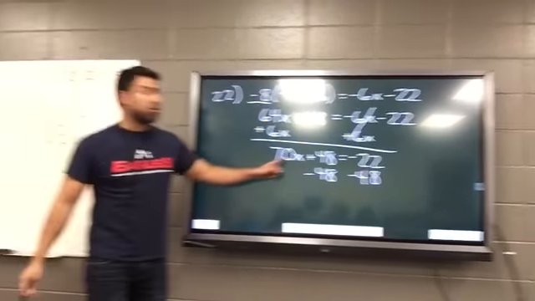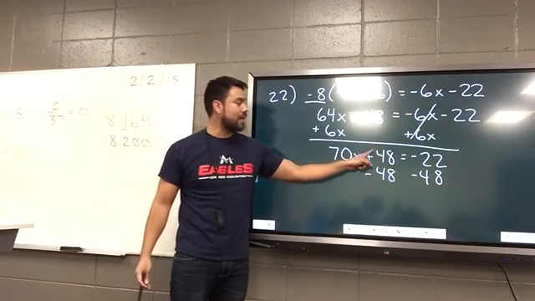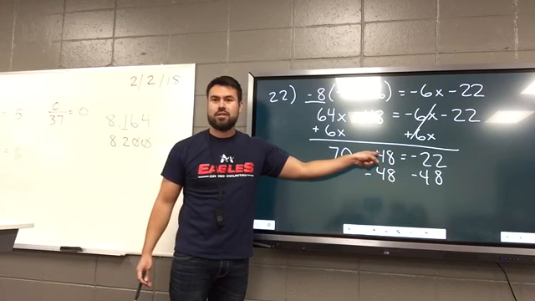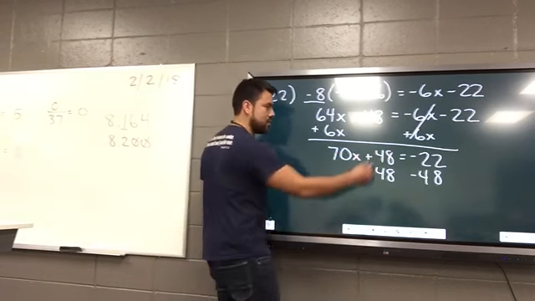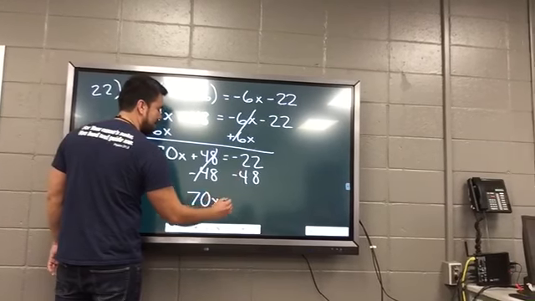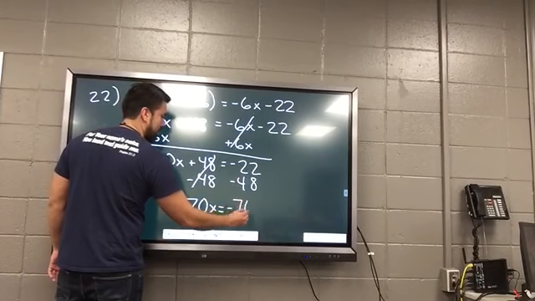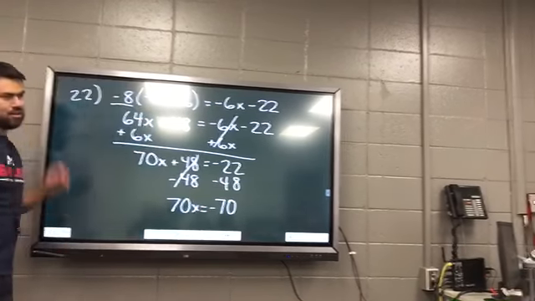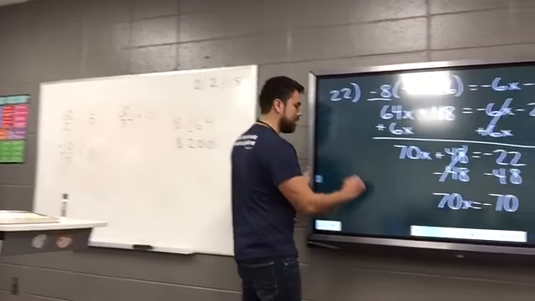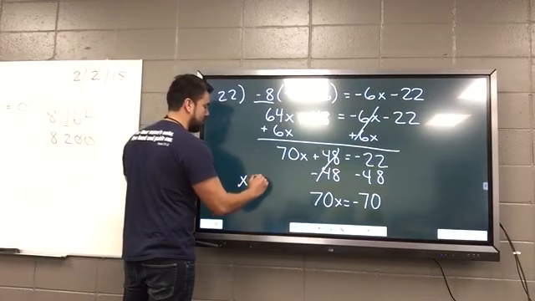Remember, it's first being multiplied by 70 and then being added with 48. So what do you have to undo first? The 48. So you subtract 48. Doesn't that get that canceled? 70x equals negative 70. What do you do lastly? So you get x equals negative 1.